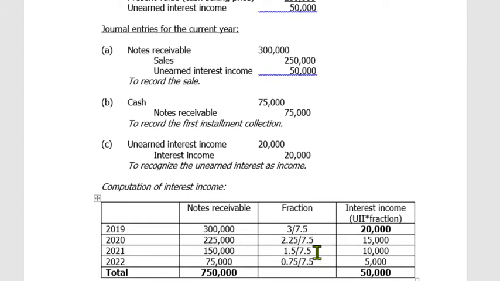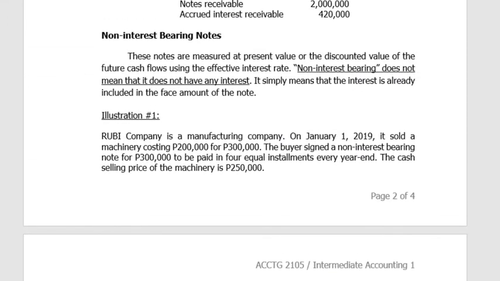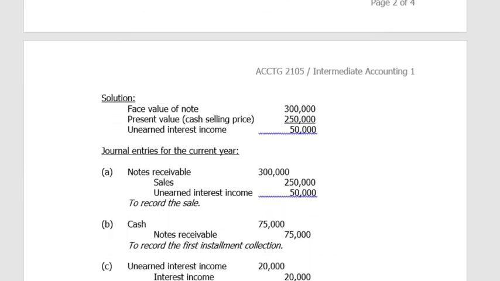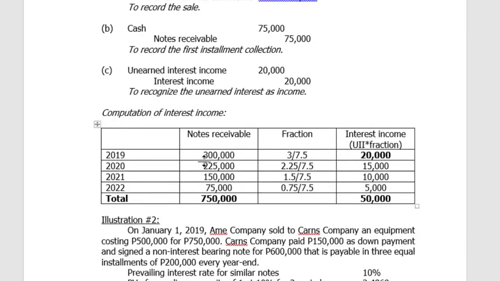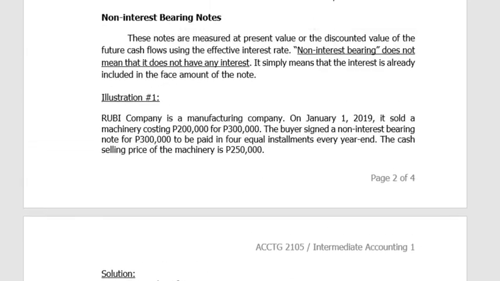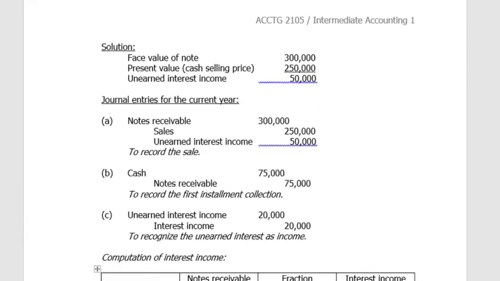Okay, pakita natin itong computation of the interest income. So, ang sabi dito, binili January 1, 2019. Binenta mo yung machinery for 300,000. So, makikita mo dito sa tabulation, 2019, notes receivable, 300,000. Yan yung balance niya. So, 4 equal installments at year-end.